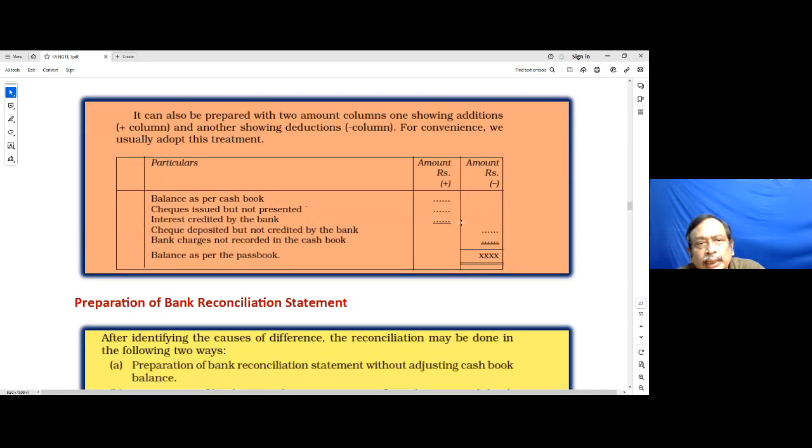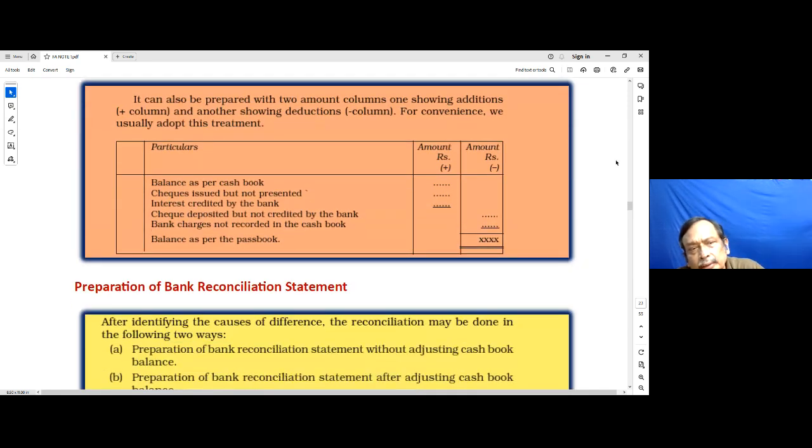Now, it can also be prepared with two amount columns, one showing additions, that is plus column, and another showing deductions, that is minus column. For convenience, we may use or adopt this statement, namely bank balance as per cash book, checks issued but not presented, interest credited by the bank.